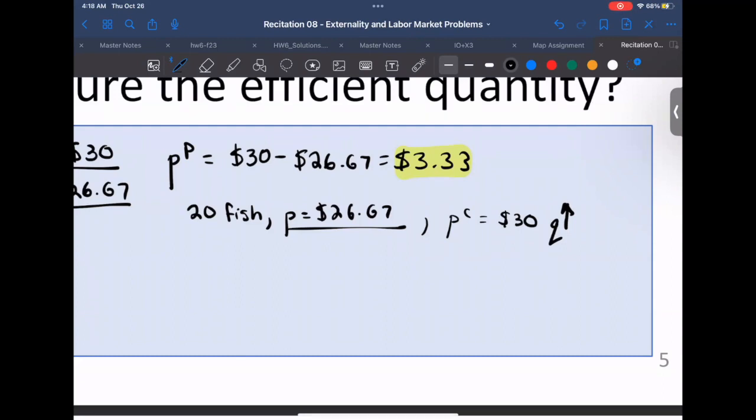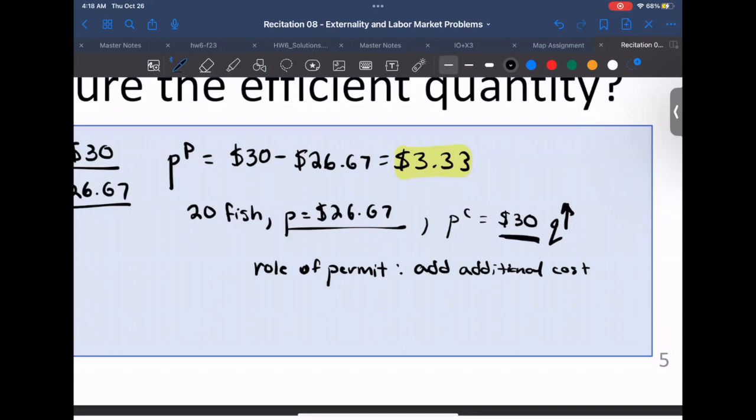So what this permit does, the role of the permit, is add an additional cost to essentially offset this $30.